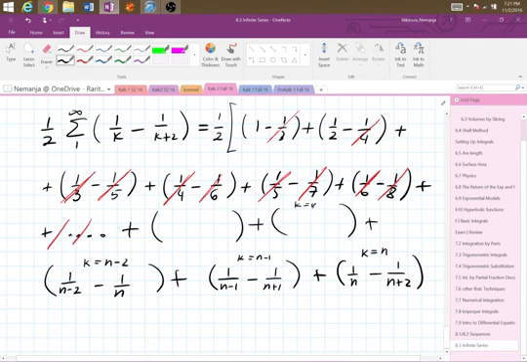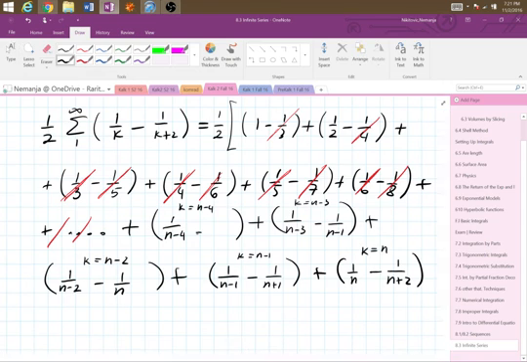K equals n minus 3, go to the previous one, take away again 1 n. And k equals n minus 4, go to the previous one, take off 1 of the n's. Cancel. Here's the parenthesis. I already hit the parenthesis that had 2 cancellations, which means everything else has to cancel.